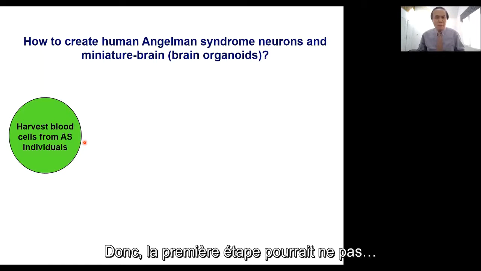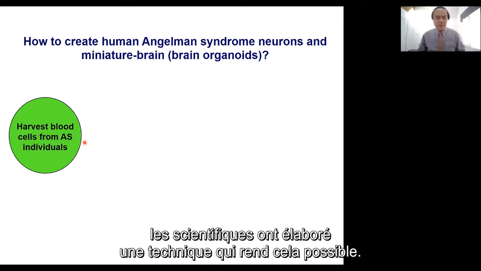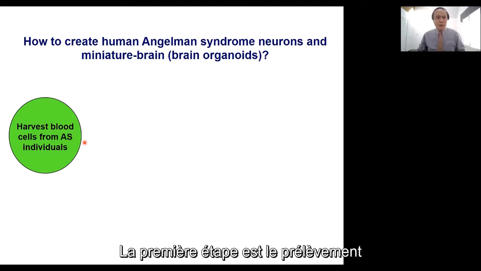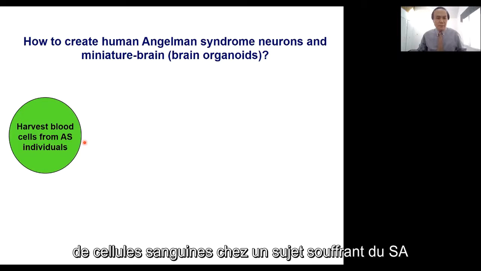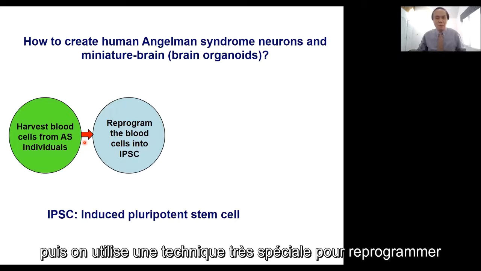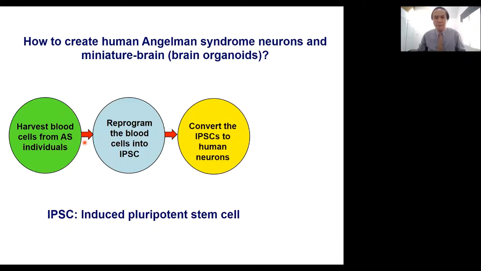About 10 years ago, scientists developed a new technique that allows us to do that. Step one is to harvest blood cells from an AS individual. Then we can use a very special technique to reprogram the blood cell into an induced pluripotent stem cell, called iPSC.